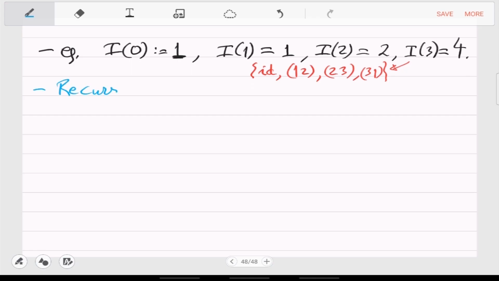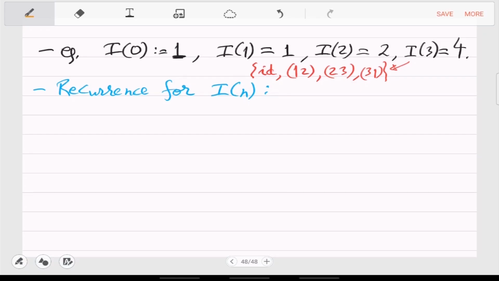Okay, now with this experience, can you write down the recurrence? What is the argument? So we again want to use the sum rule. What are the two summands? How do you divide your cases? In the definition it says that either i is fixed or it is moved to some j, right?